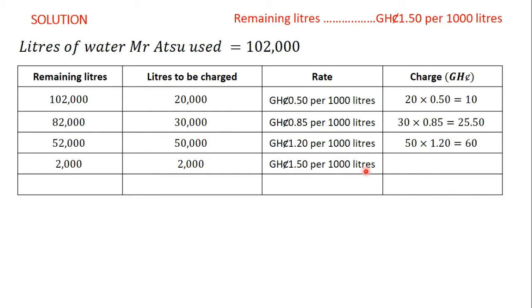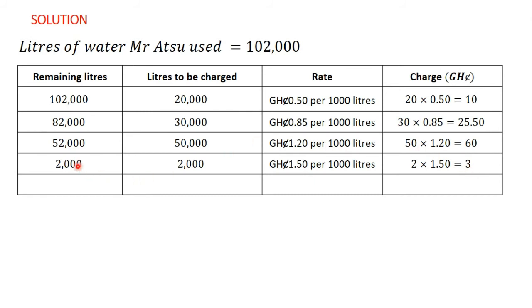So if 1,000 cost 1 Ghana cedi, 50 pesos, then 2,000 liters will cost 2 times 1 Ghana cedi, 50 pesos, and that will give us 3 Ghana cedis.